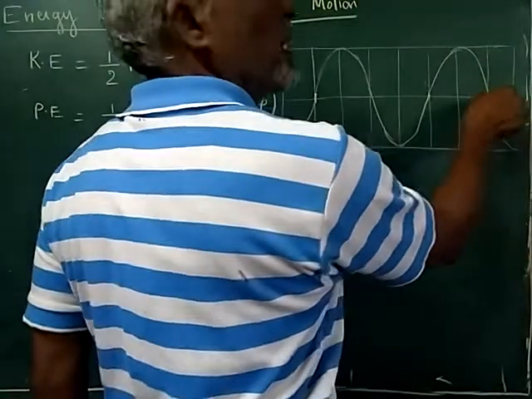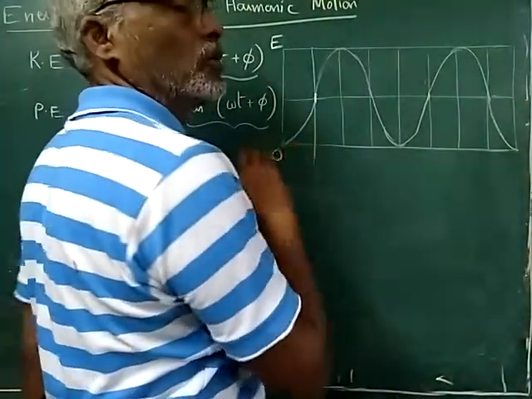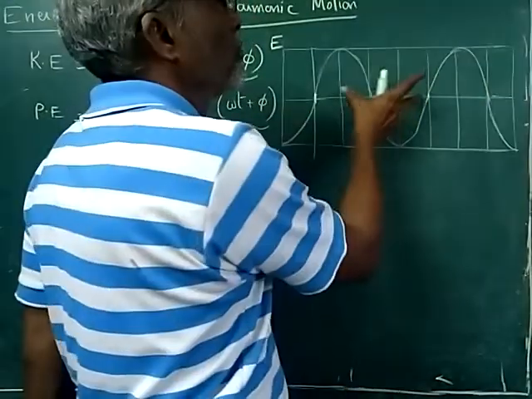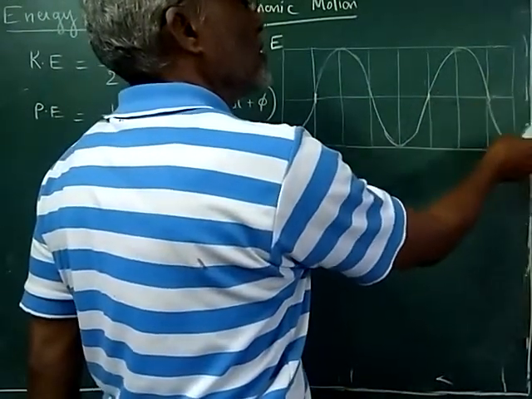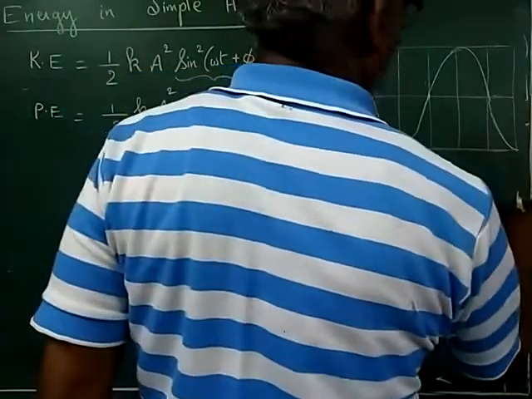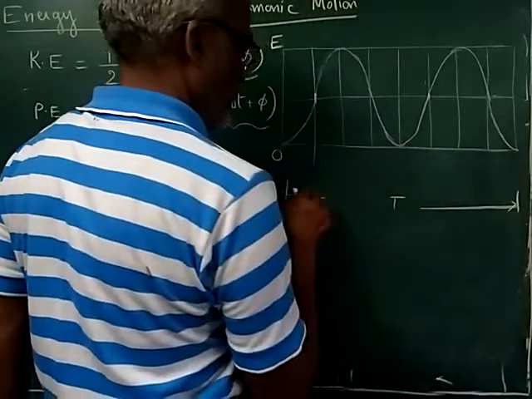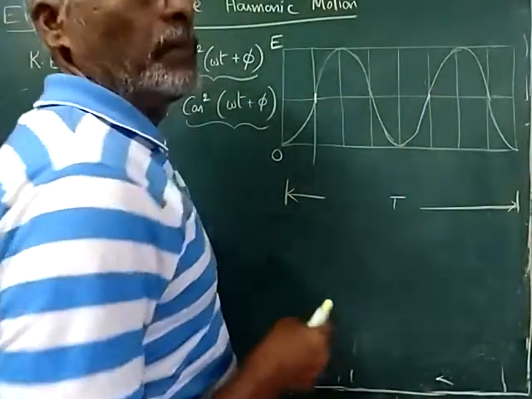Then we have a half cycle. This side we have quarter cycle, here quarter cycle. So totally 2 cycles, one full cycle. This is half cycle, this is quarter, and this is quarter. This is one time period, T. So in one time period, 2 cycles are completed.